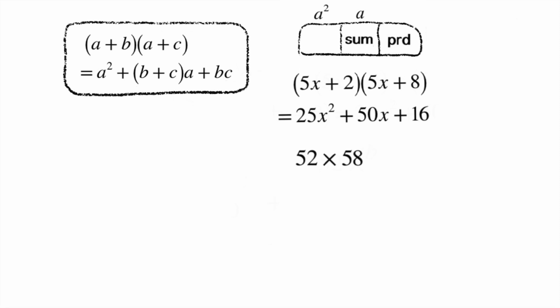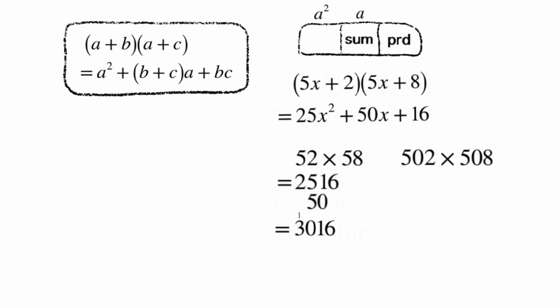Once again, 5 squared, 2 times 8, and the sum 10 times 5, 50 10, as in video 5. Once again, 5 squared, sum 10 times 5, 50, and 2 times 8.